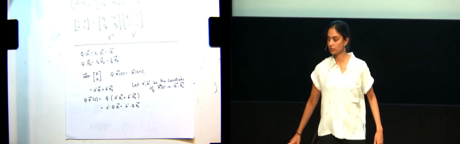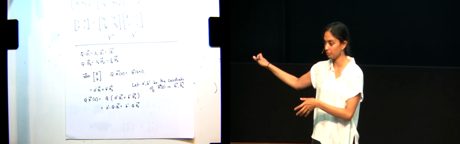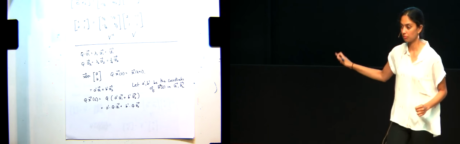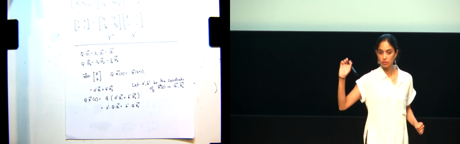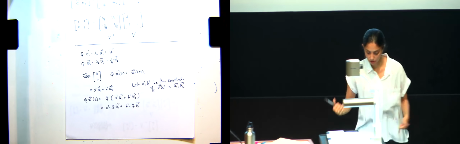Is that clear? No, x of t is in the standard basis. The coordinates in the v basis are a prime, b prime. So a, b are the coordinates in the standard basis. The coordinates in the v basis are a prime, b prime. Is that clear? Questions? Okay.